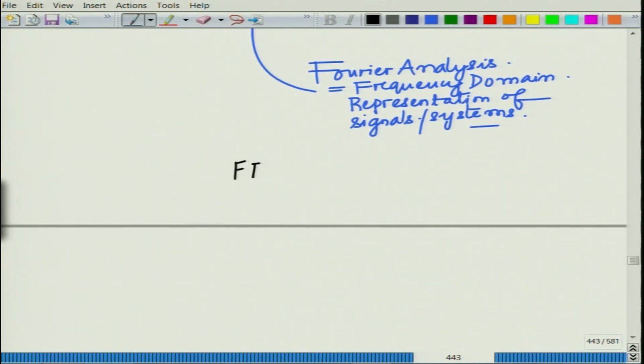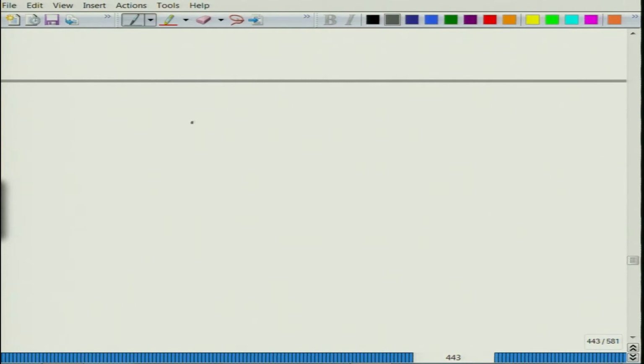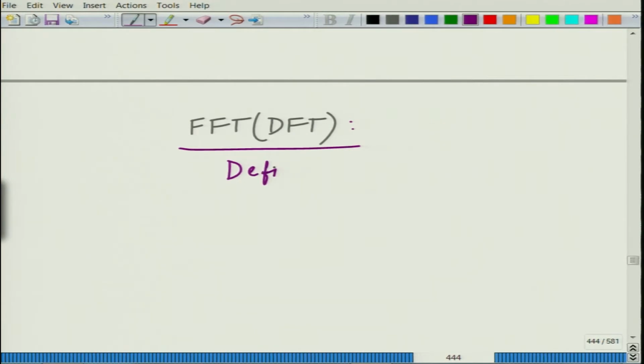So, the FFT or DFT, which is essentially the same thing as the discrete Fourier transform, is defined for a sequence.